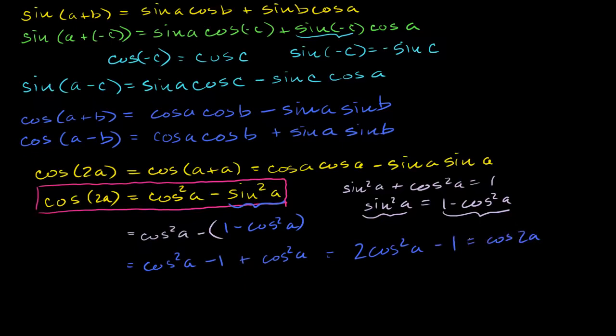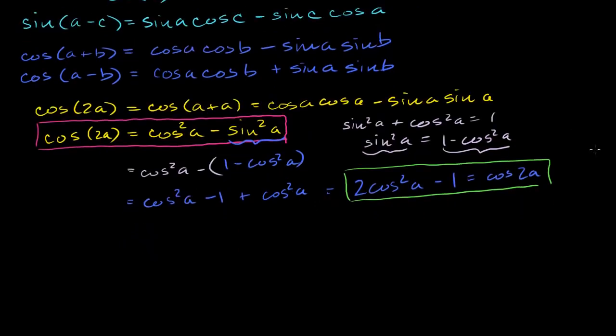Now what if I wanted to get an identity that gave me what cosine squared of a is in terms of this? So we could just solve for that. So if we add 1 to both sides of this equation, this is one of our other identities. If we add 1 to both sides of that equation, we get 2 times the cosine squared of a is equal to cosine of 2a plus 1.